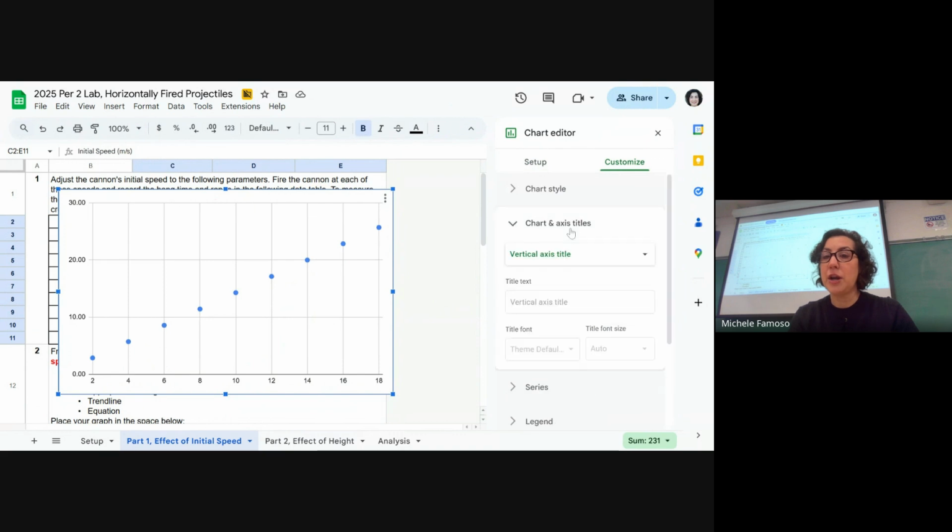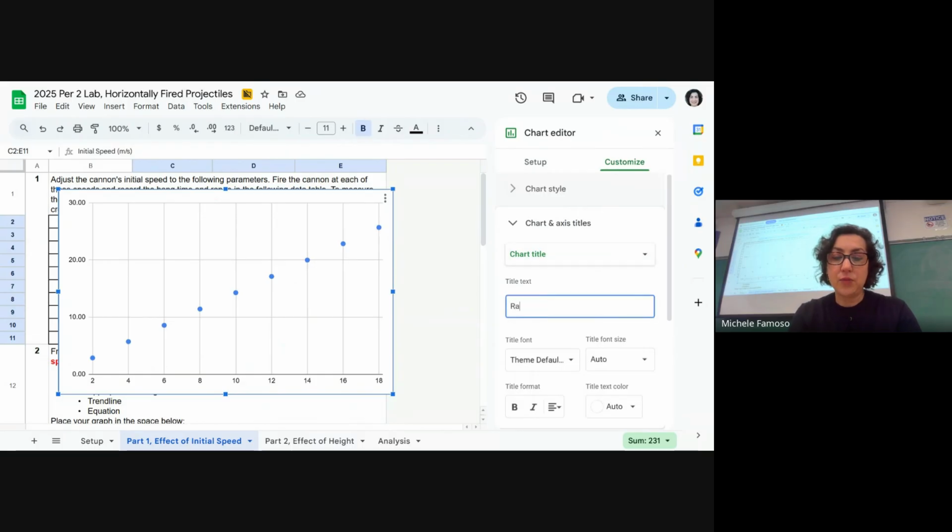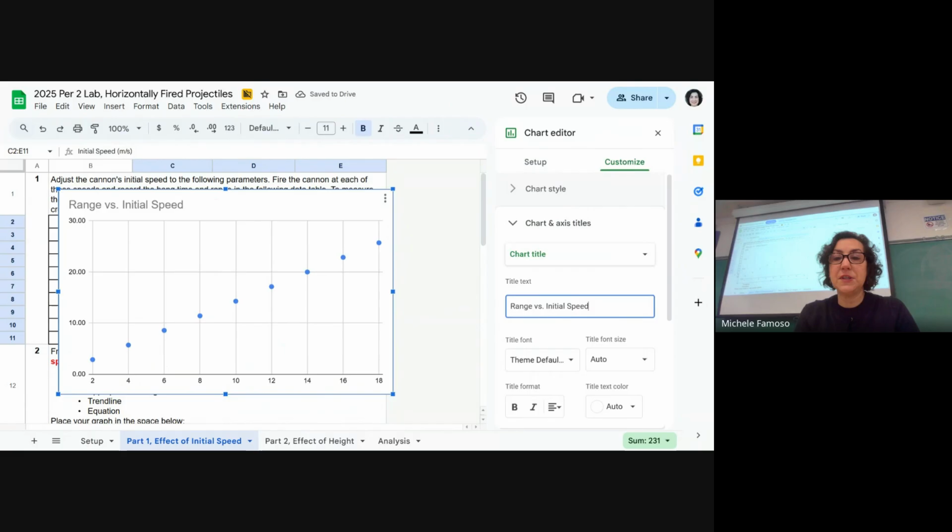Let's start with our chart and axis titles. Let's start with the chart title. This is a graph of the range versus the initial speed. Range versus initial speed. Now select your horizontal axis title.